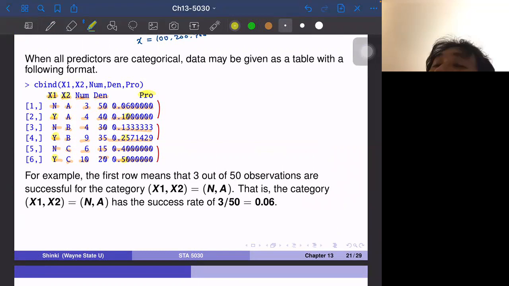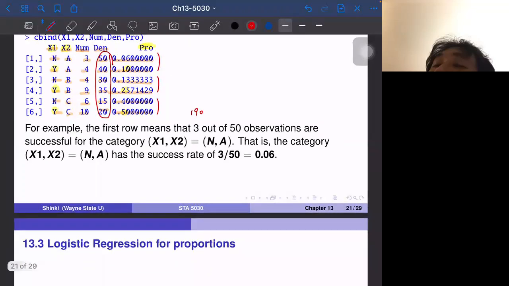The sample size of this data set was originally 50 plus 40 plus 30 plus 35 plus 15 plus 20, so 190 observations, but it's summarized in this table. We don't really have to have 190 observations because this table includes all necessary information.